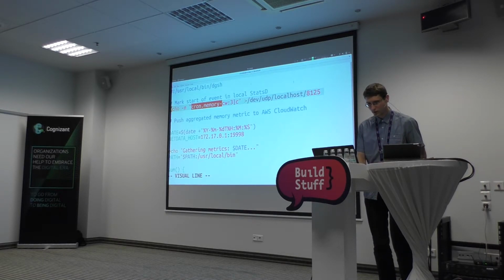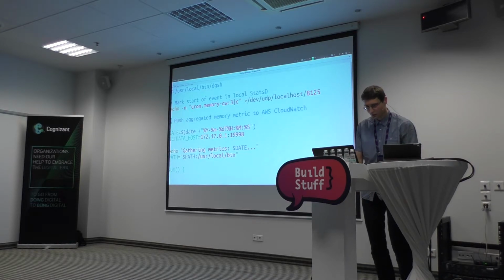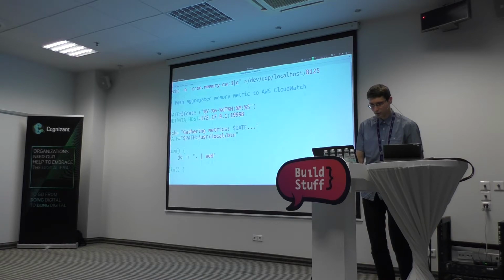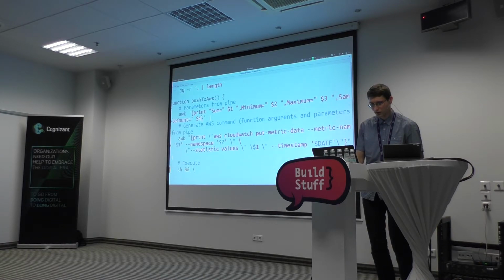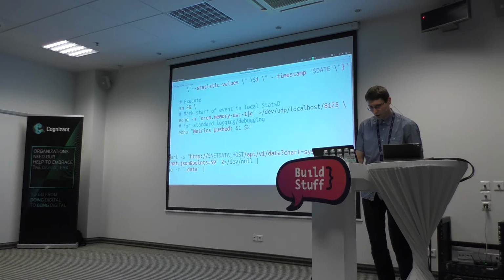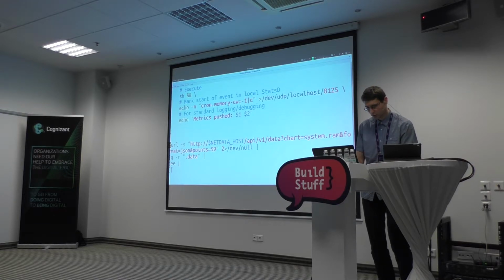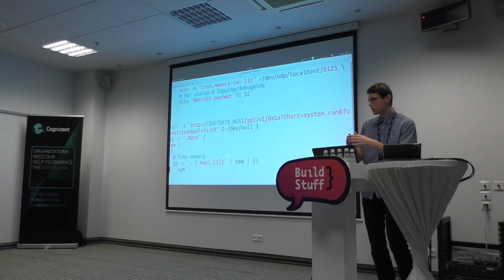Because this is an actual working script, not the hello world example, there are some functions on top of it, and you can see that there is curl request, there is jq, there is splitting.